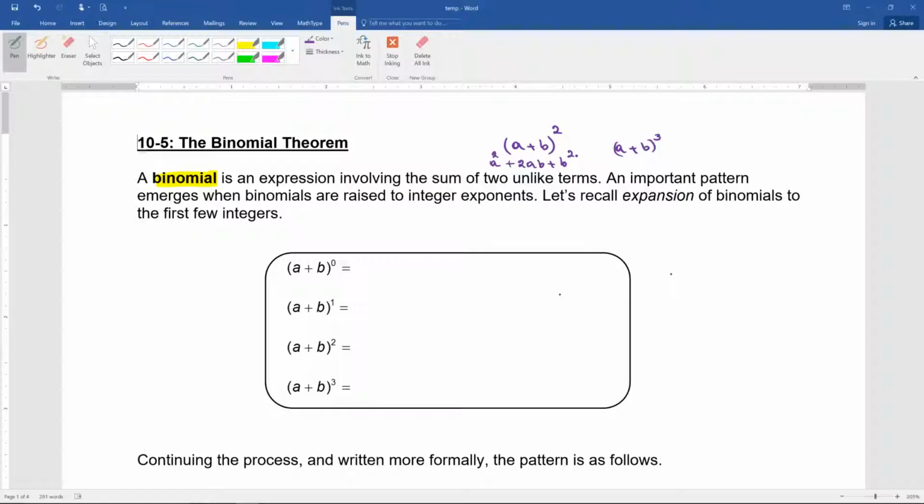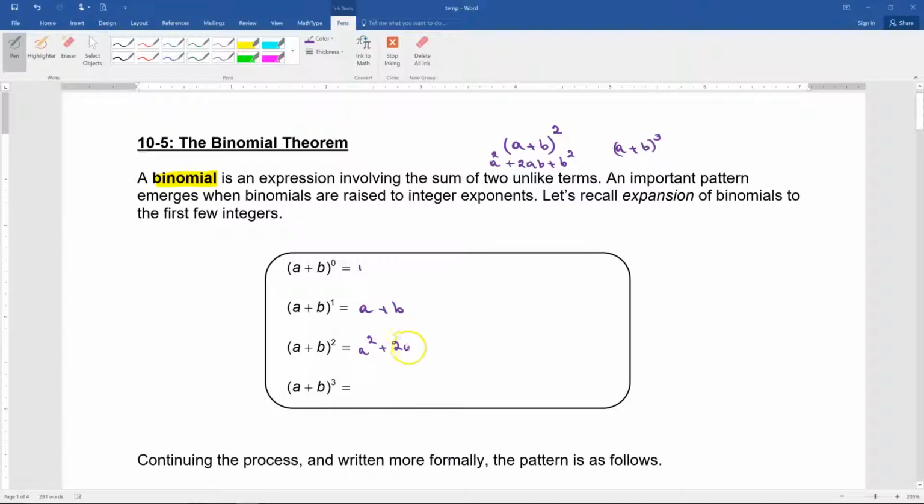What is a plus b to the power of 0? What's anything to the power of 0? 1. What's a plus b to the 1? It's a plus b. What's a plus b squared? We just did that one.